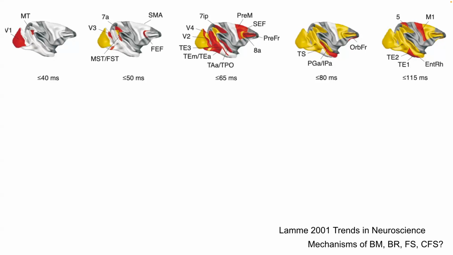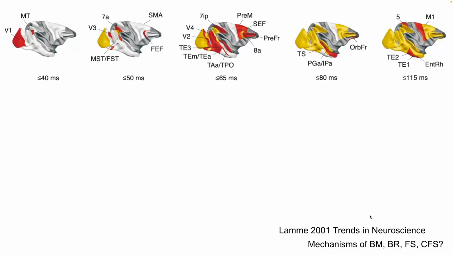Before 40 milliseconds, V1 and MT, also called V5, already get active. Around 65 milliseconds, part of the very complicated prefrontal cortex is already active, and so on. So this almost simultaneous but very fast response is something to keep in mind.